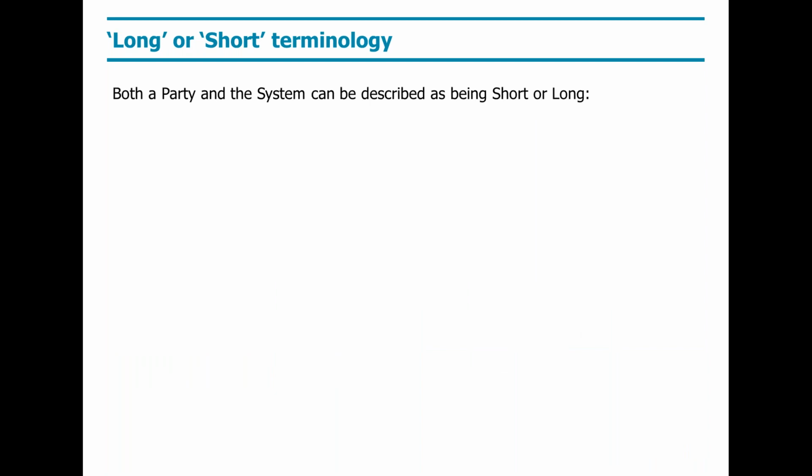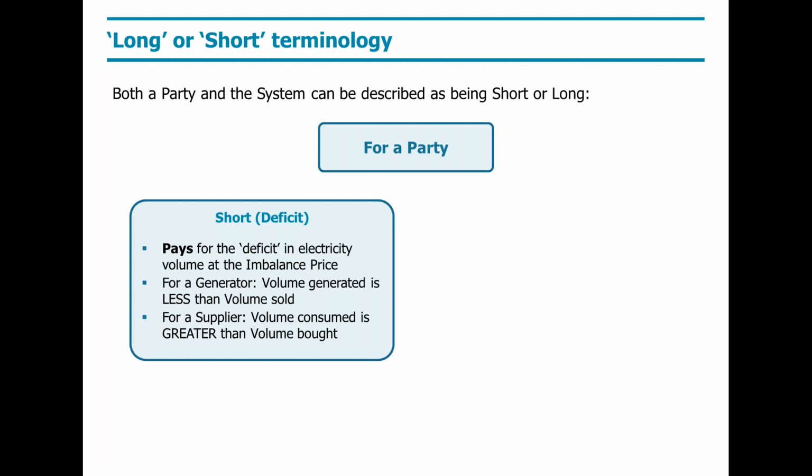Another thing to talk about is short and long terminology, because I might be using that later in the presentation. Both the party and the system can be described as short or long. If a party is short, it has a deficit in the electricity volume, so it would need to pay for that volume at the imbalance price. As an example, for a generator, this will mean the volume generated is less than the volume sold.